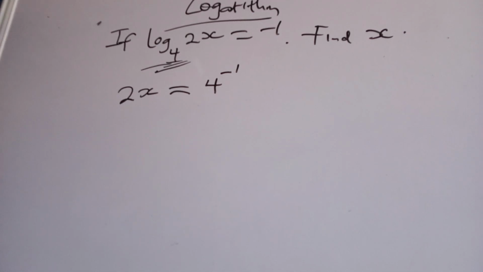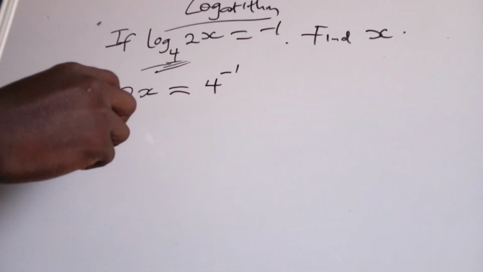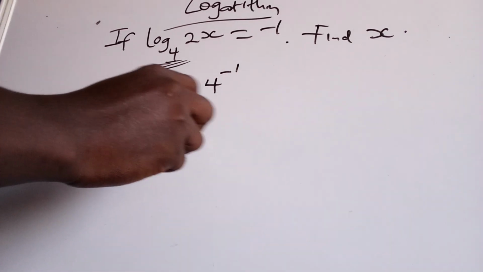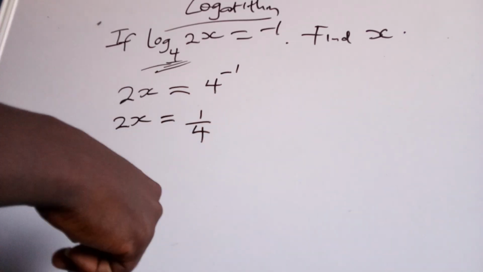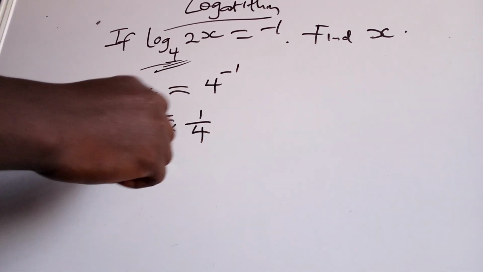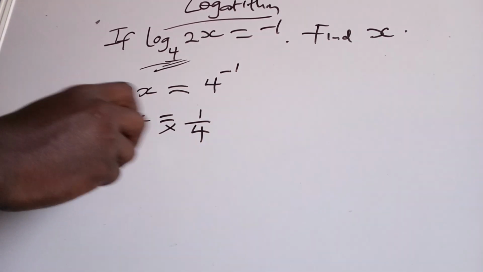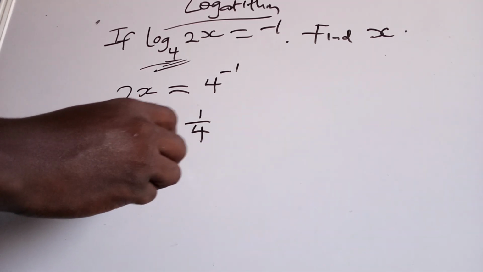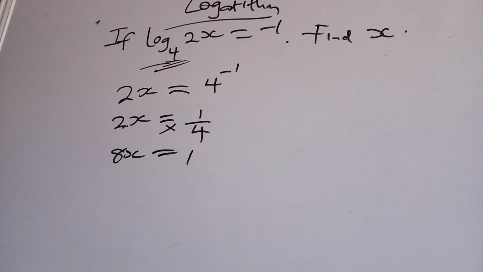So this can also be written as 2x equals 1 all over 4. When we cross multiply, we have 2x multiplied by 4, which is 8x, equals 1.